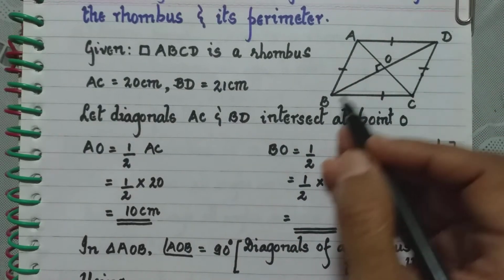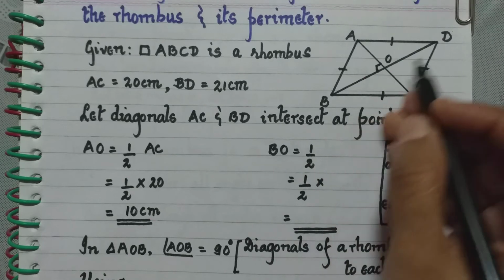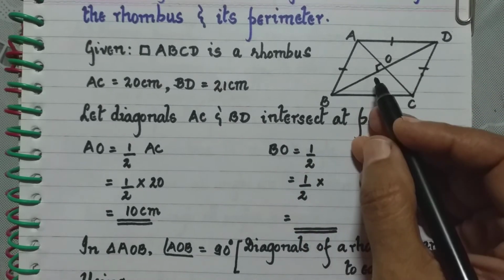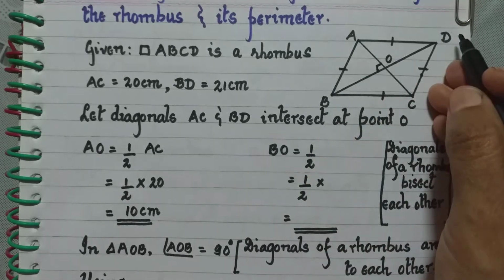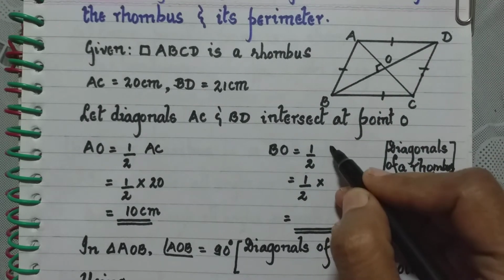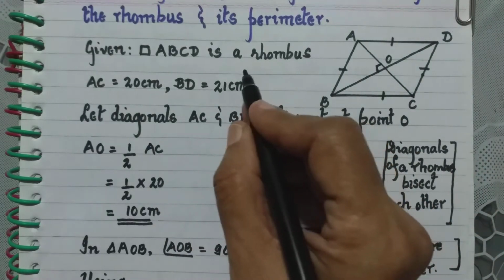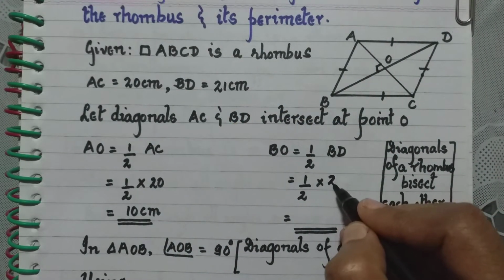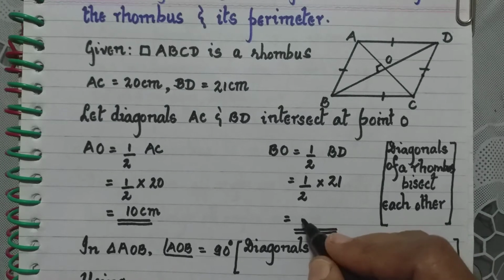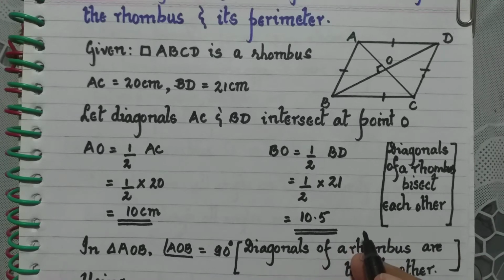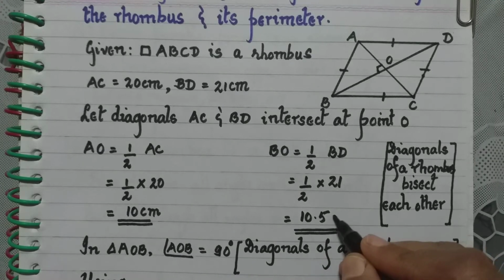Same thing we have to do for diagonal BD. It is 21 centimeter. So if I have to find BO, BO is half the length of BD, and BD is 21 centimeter. So half into 21, which is 10.5 centimeter.